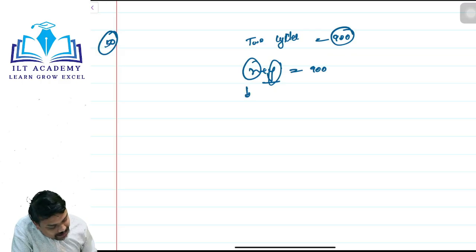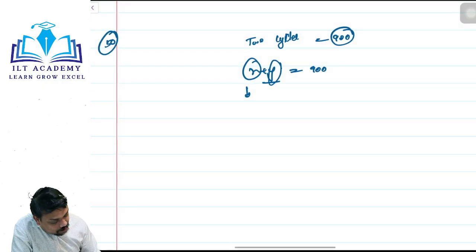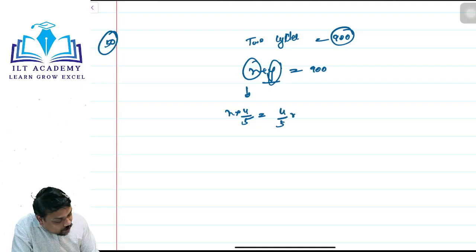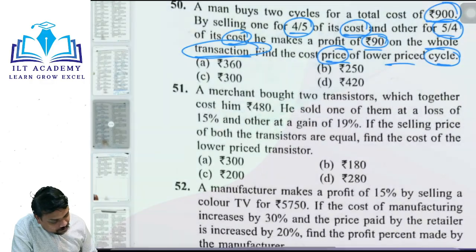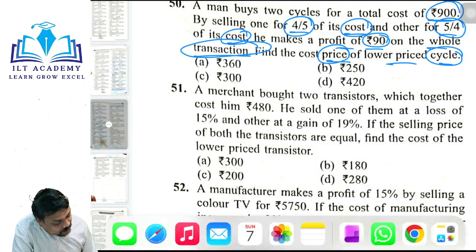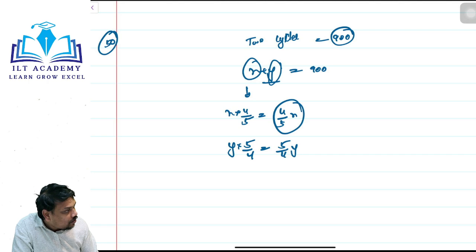Now he sold cycle x for what? 4 by 5th of its cost. Meaning selling price will be x into 4 by 5, which is 4 by 5x. Any doubts? Right? Next, another cycle, 5 by 4 times. So y into 5 by 4, which is 5 by 4y. Clear?